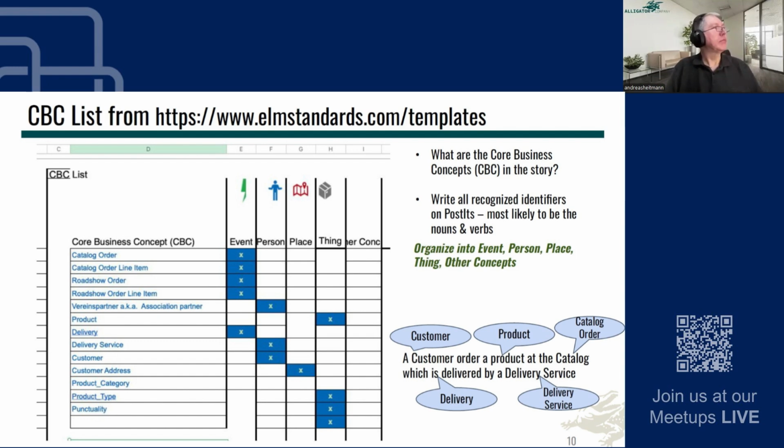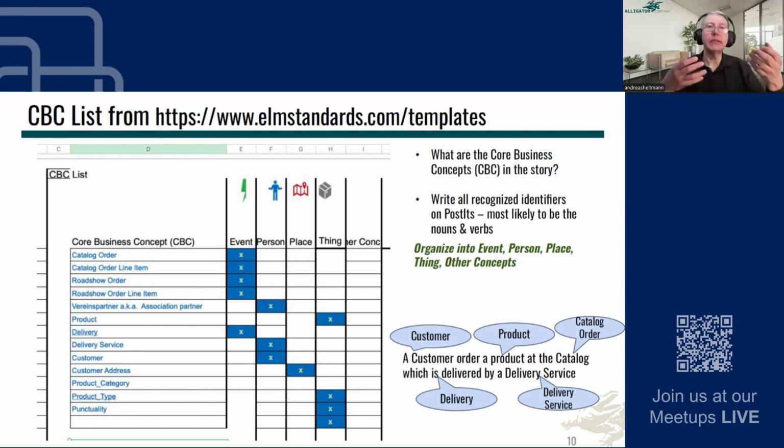In most cases, you will identify maybe a handful, four or five events. For example, here you have a catalog order, a roadshow order, and a delivery. And if you have more events, then you really should take a look at your focus.